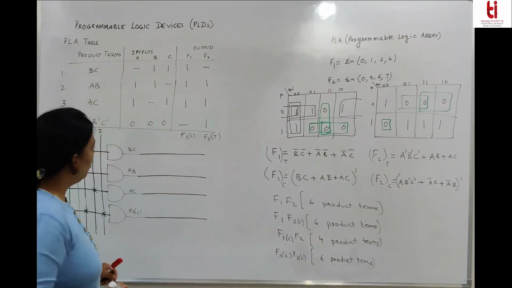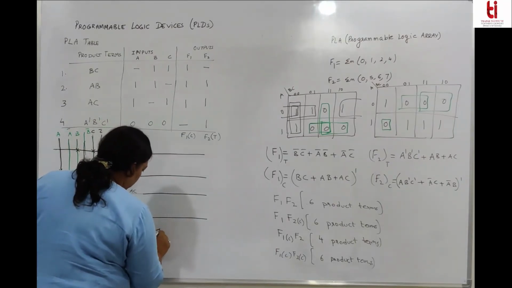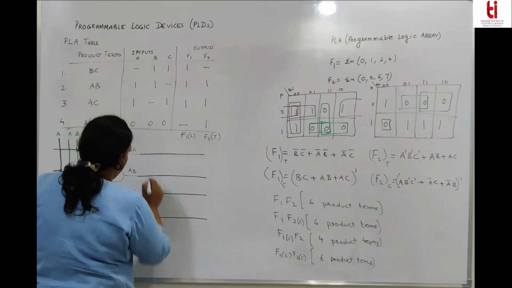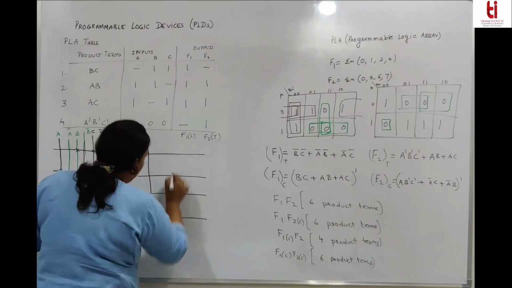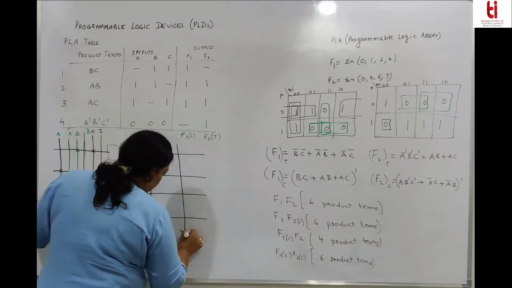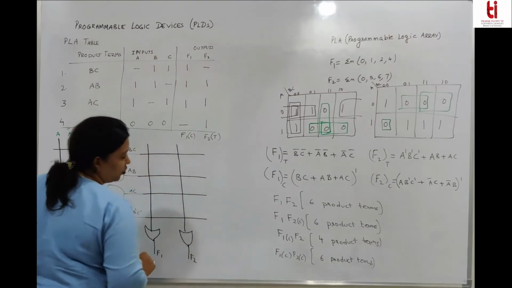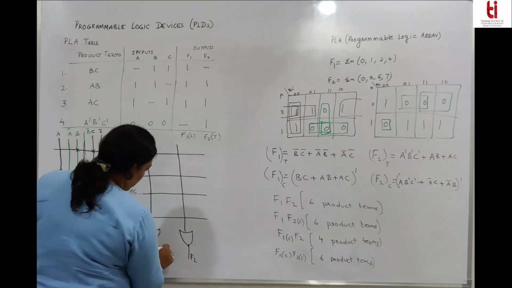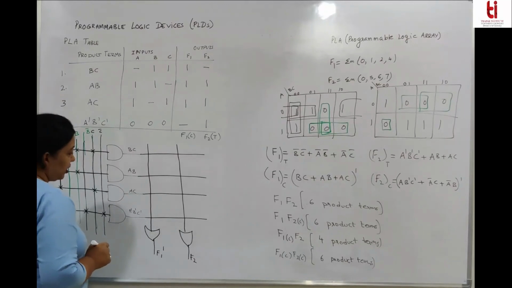Now you have two outputs, F1 and F2. F1 is in complement form. So here I will get F1 bar. Fine.